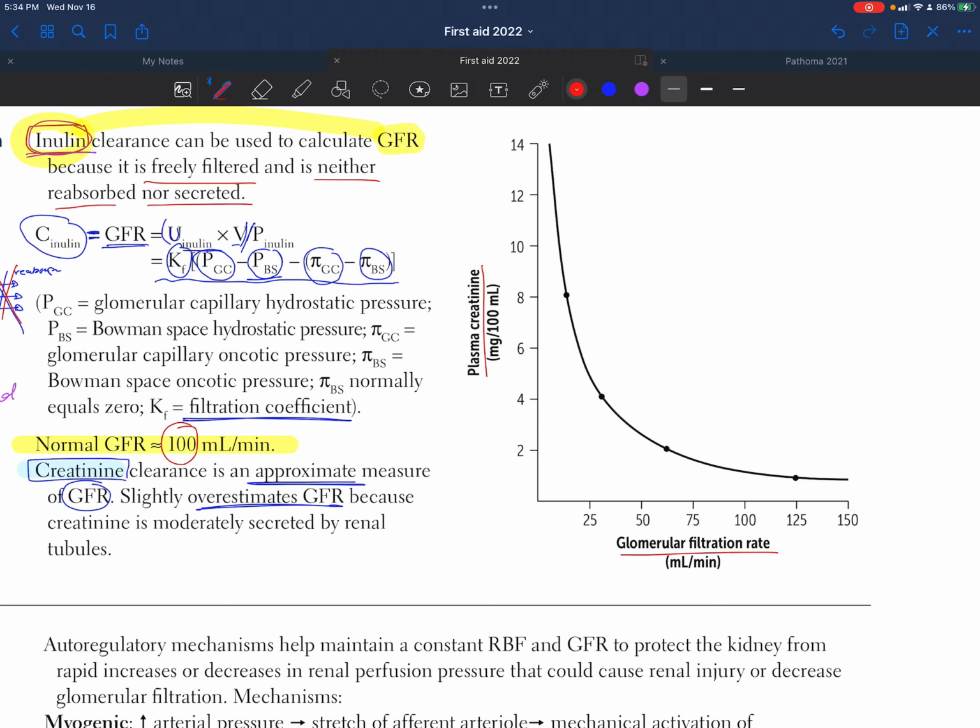We said it was about 100, so let's say 125 is normal. That means the kidneys are able to filter all of the creatinine, or at least a very large amount of it.